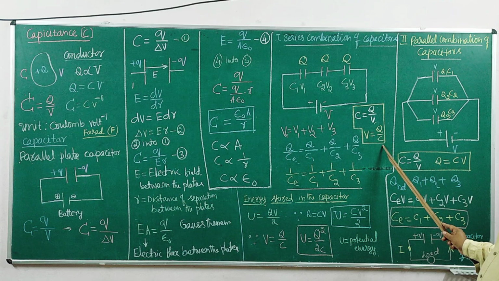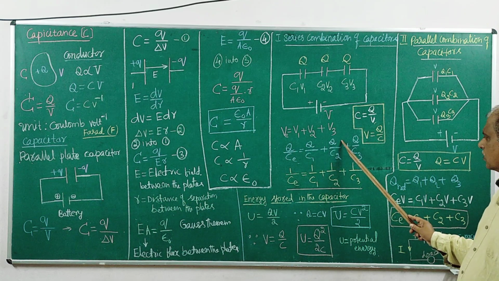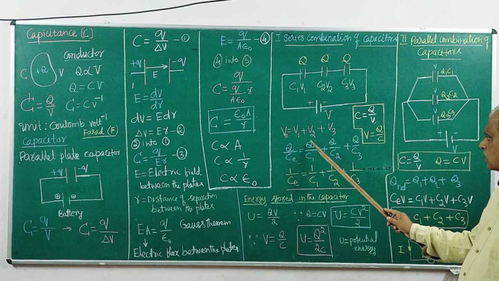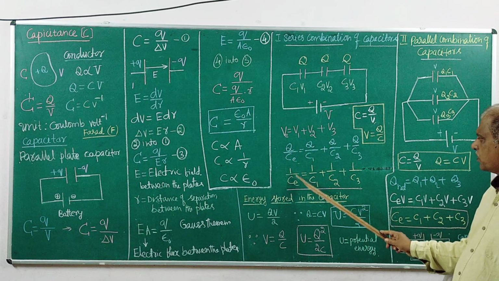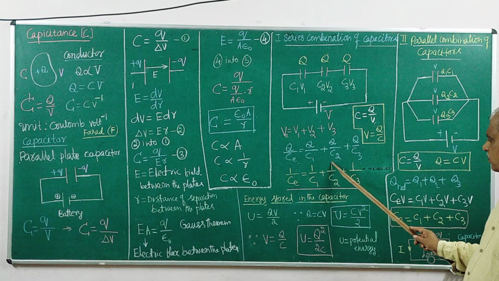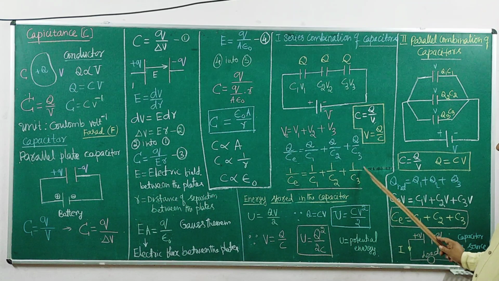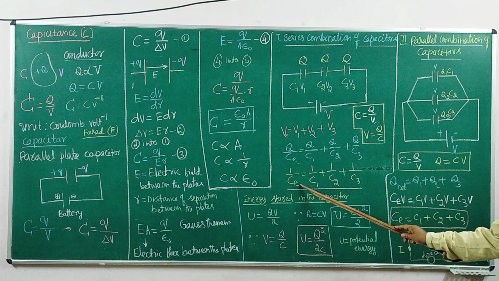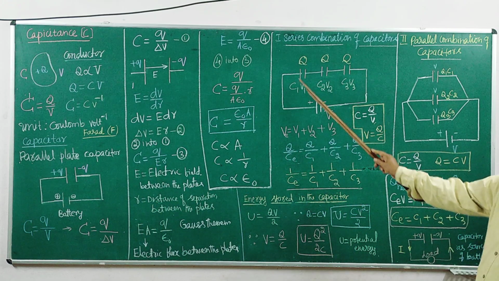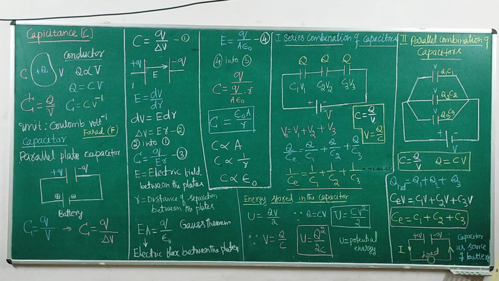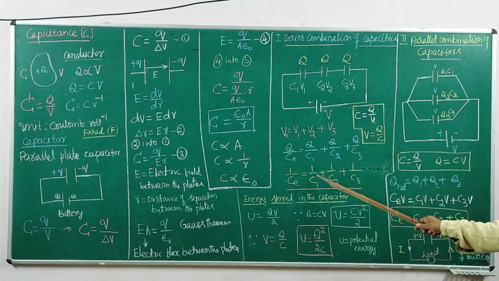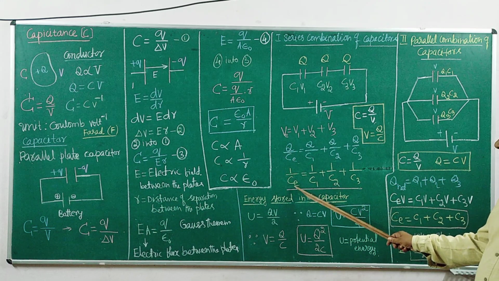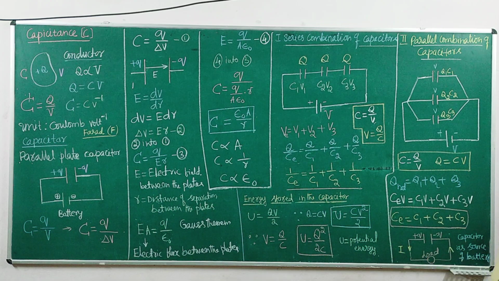Apply this formula for each one and simplify: take Q as common factor and it cancels. 1 by C is equal to 1 by C1 plus 1 by C2 plus 1 by C3. So the sum of the reciprocals is equal to the reciprocal of the net capacitance.